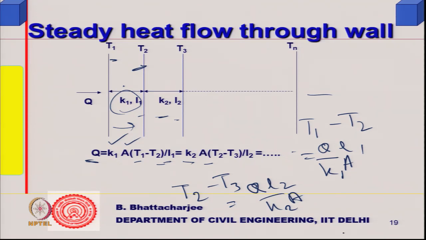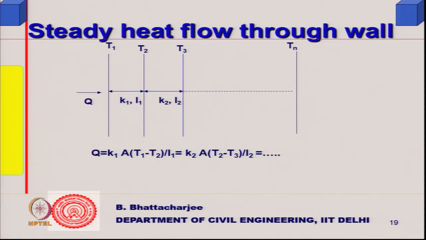And if I sum up T1 minus T2 plus T2 minus T3, etc., you will find that T2 cancels out, T3 will also cancel out, and I will be left only with T1 and Tn. I am just doing this algebra now.